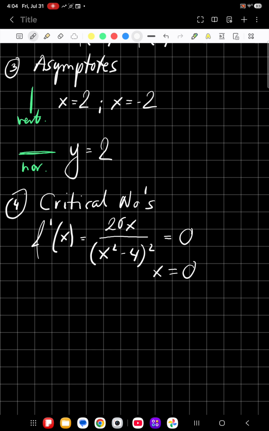And we could look at the denominator, because we know that when the first derivative doesn't exist, or is undefined for certain numbers, in this case 2 and negative 2, then these are also critical numbers.